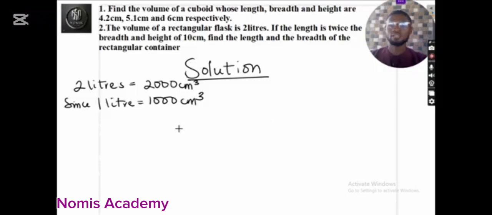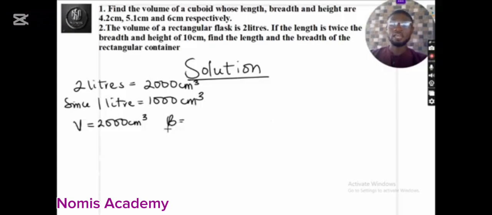The question says the length is twice the breadth. So let's test the given parameters. We have been given the volume V to be equal to 2000 centimeter cube.